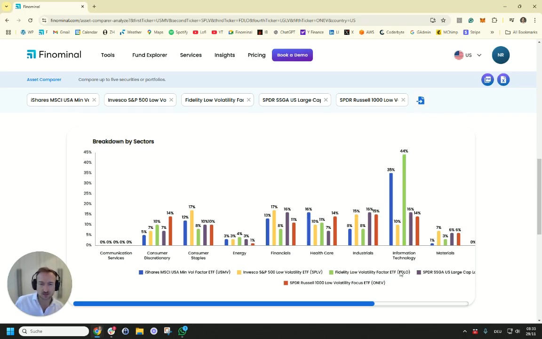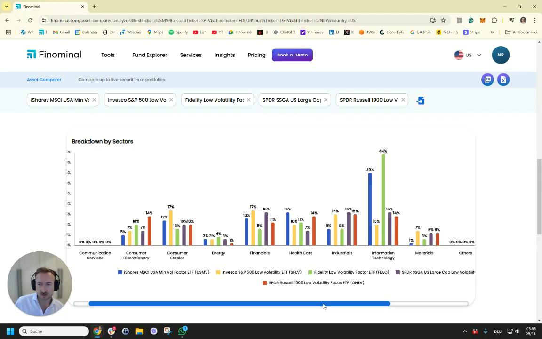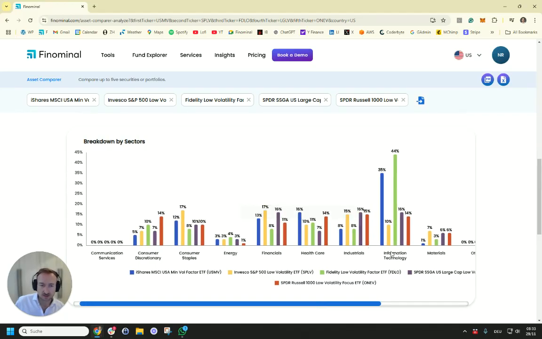So here you see the exposure breakdown by sectors, and you can see that FDLO has a fairly high exposure to technology stocks, which is unusual because technology stocks typically are not low volatile, they tend to be more volatile than the average.